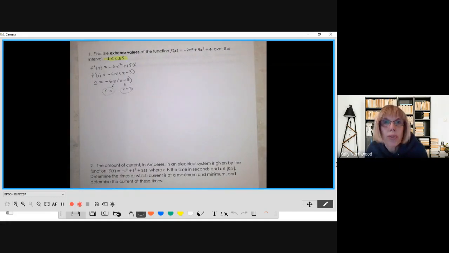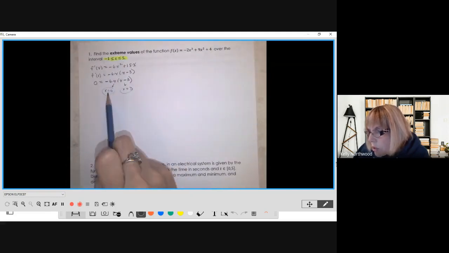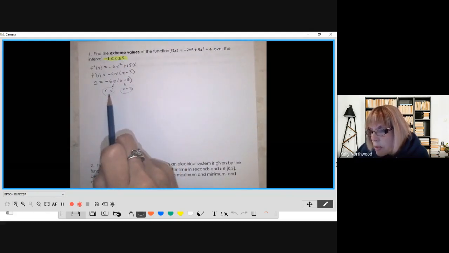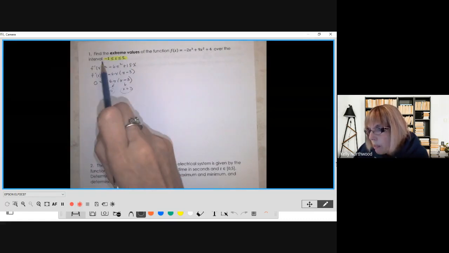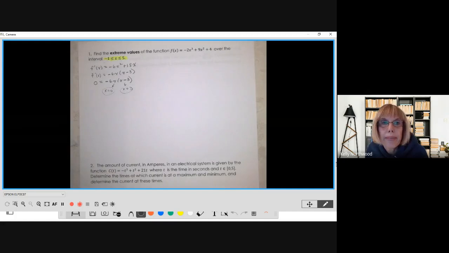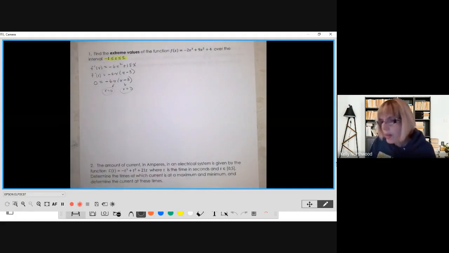We're only worried about the values of this function between -1 and 5. So if I had gotten that the tangent was horizontal at x equals -3, for instance, I wouldn't test that one because it's not in the interval I'm looking at. But in this case, 0 and 3 both happen to fall within that interval.